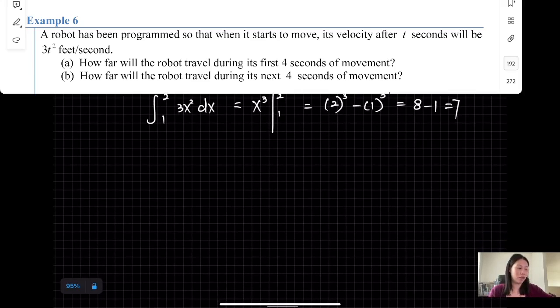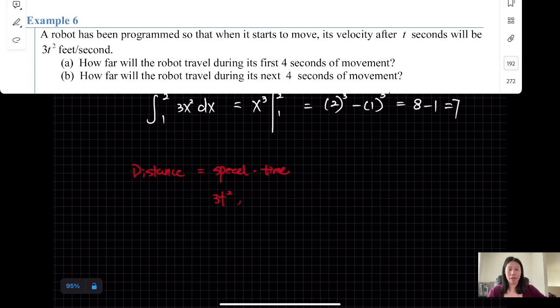Well, distance is equal to what? Distance equals the speed times the time. So that means we're finding the area bounded by 3t squared, and then x equals 0, x equals 4, and the x-axis.